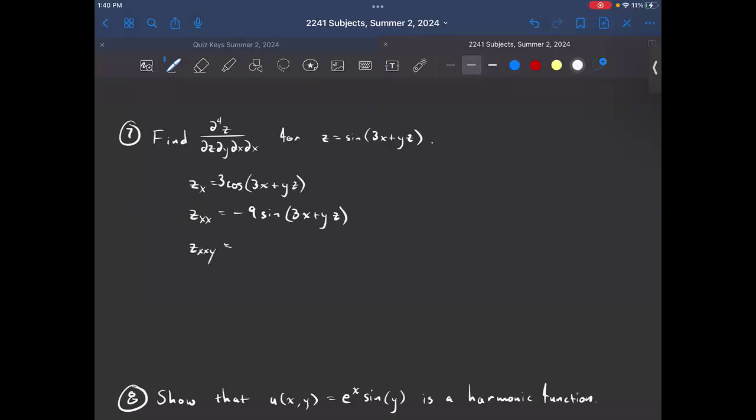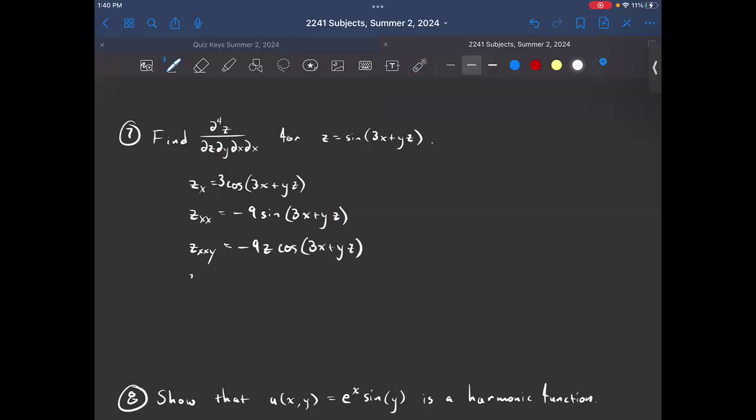My next derivative I need is with respect to y, so now I take the y derivative and I get a z out of the chain rule. So we have minus 9z cosine of 3x plus yz.